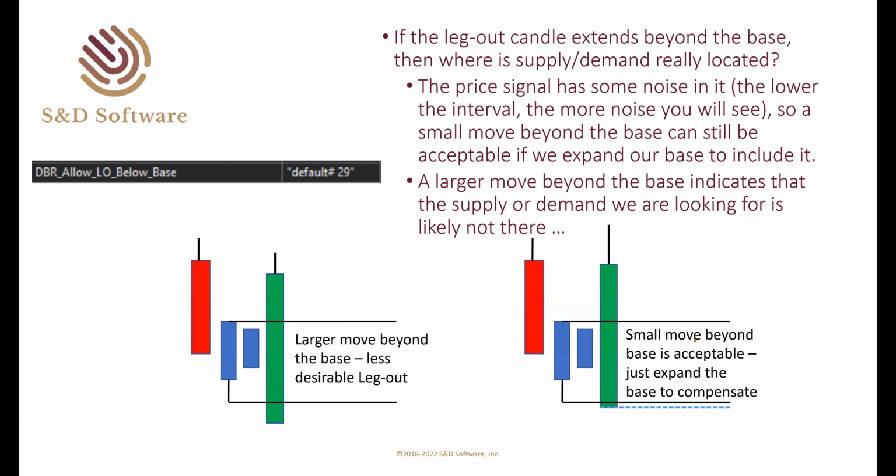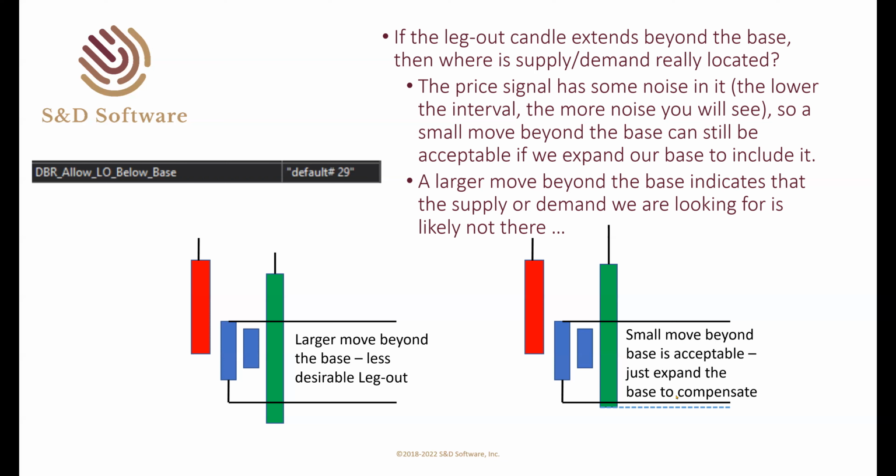Now, in our preferred case on the right, we do go a little bit below the base, but not much. And there is noise in the price signal, especially as you go down in the interval. So it's not going to be uncommon to run into cases where our leg out is a little bit below the low of the base, in our example here for a drop base rally.